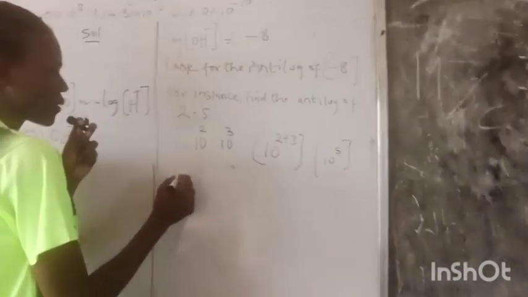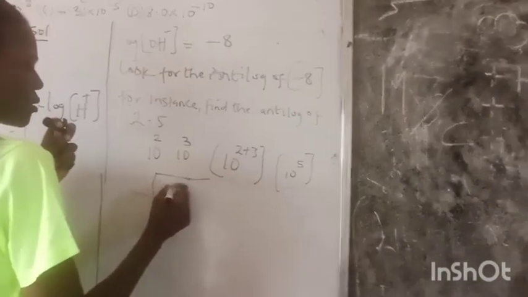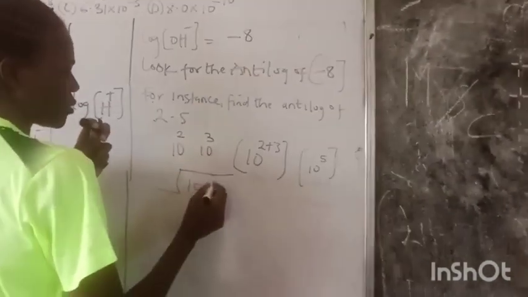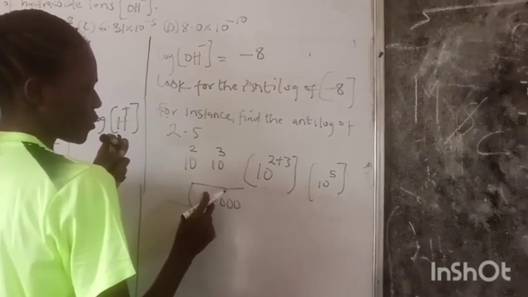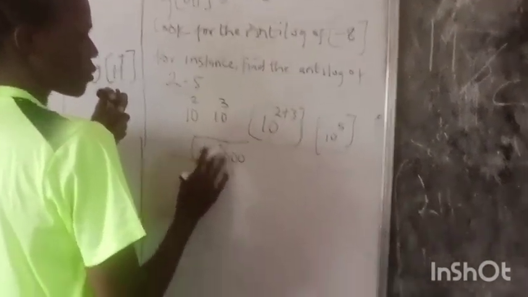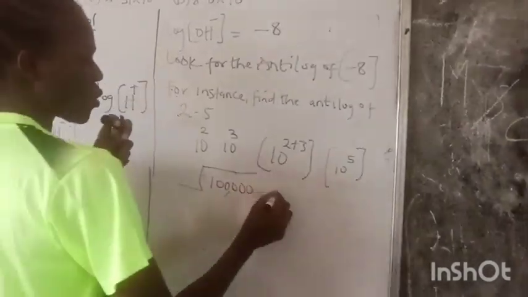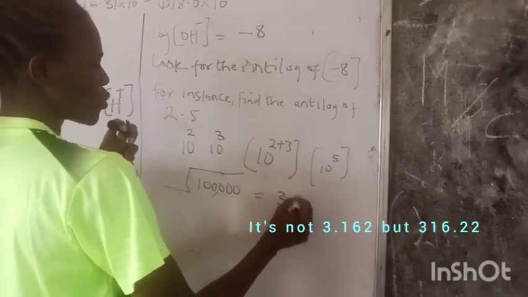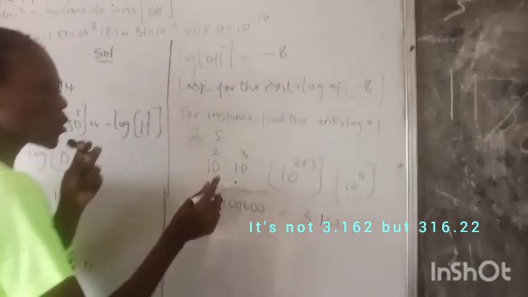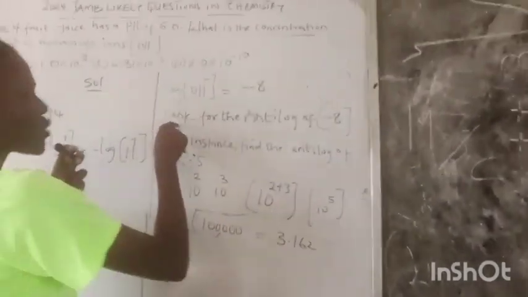To get the antilog, 10 raised to the power 5 is equal to, sorry, 1 2 3 4 5, that's 100,000. And when you do this, you have 3.162.